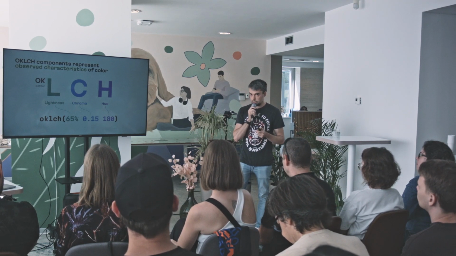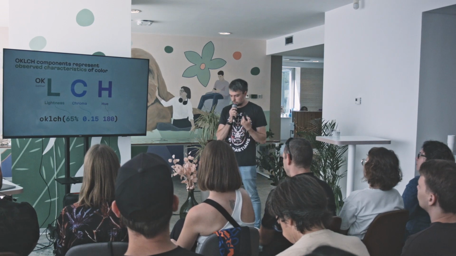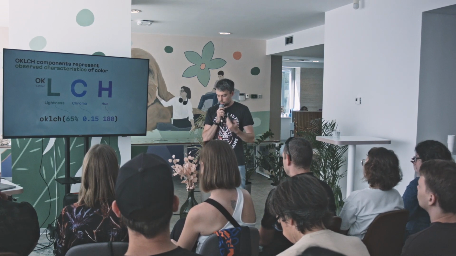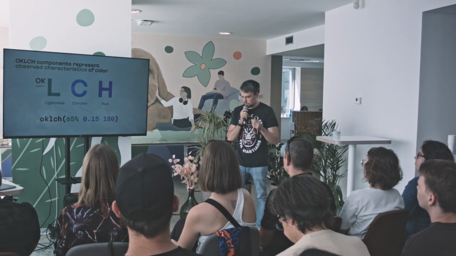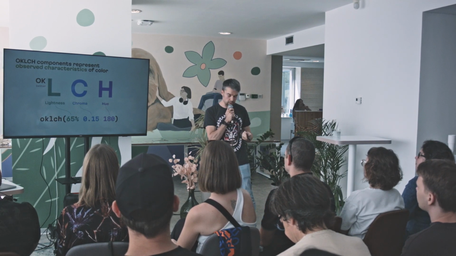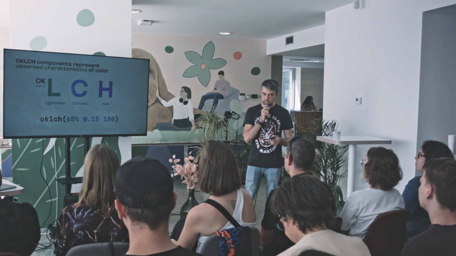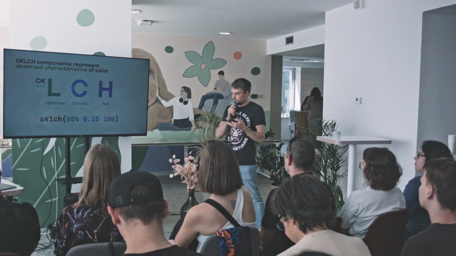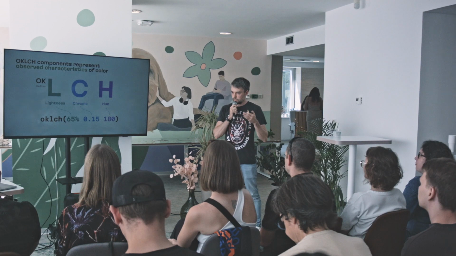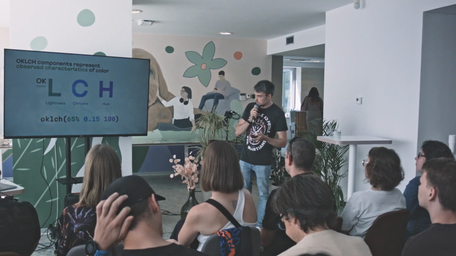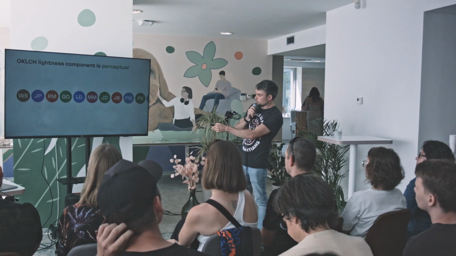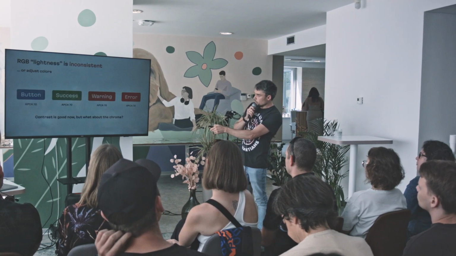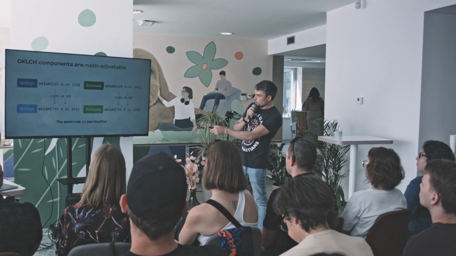But we don't only want to select a color in OKLCH and use it in our Figma. We want to communicate a new way of establishing a color with the front-end engineers. In this case, we do what I showed on these slides.